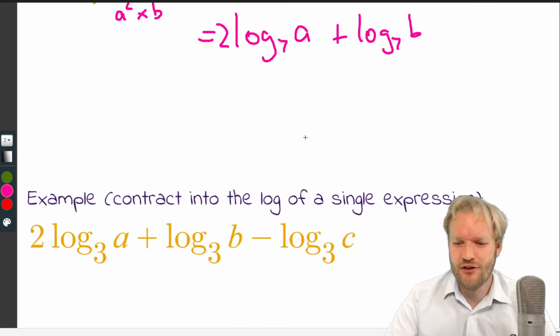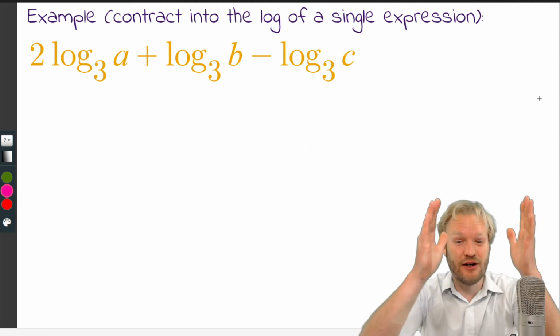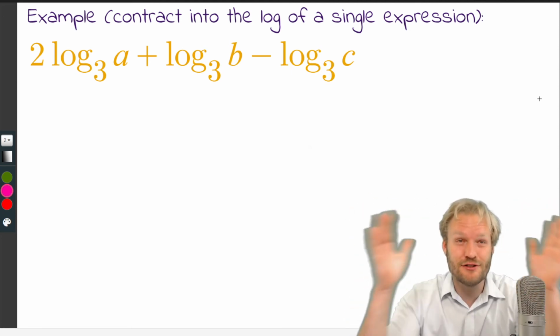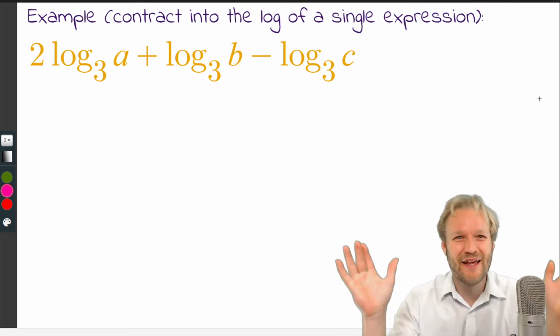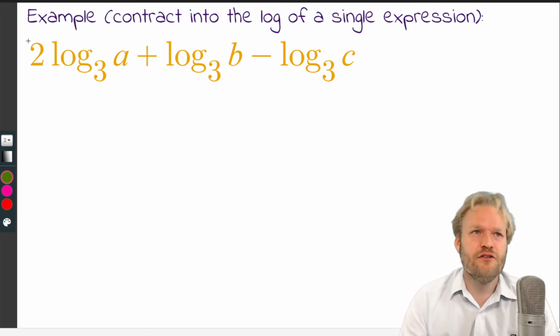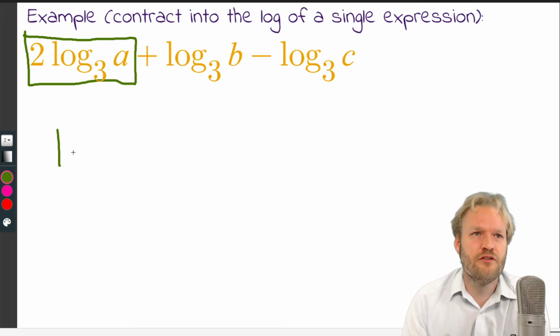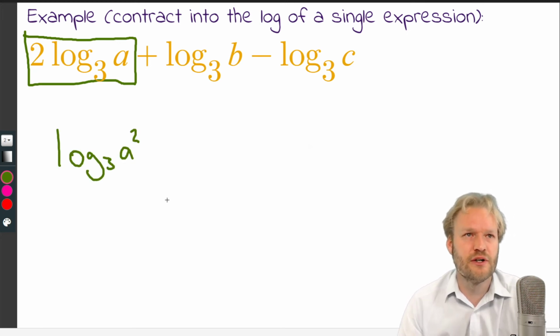And our last bit here, we're going to contract. So we're going to go the other way around. From all these terms, well, I guess they're 3, down to 1 term. So let's just go through step by step. So first of all, we multiply. This bit here, we could change to, oh, well, if we're multiplying, base stays the same, that's a squared.